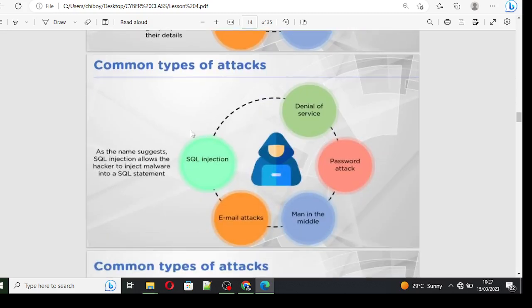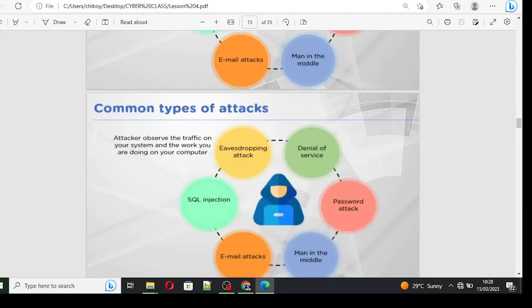Then we have what we call SQL injection. Now, as the name suggests, SQL injection allows hackers to inject malware into SQL statements. This one is self-explanatory. We have what we call eavesdropping attack. Now, let's calm down and understand this eavesdropping attack.